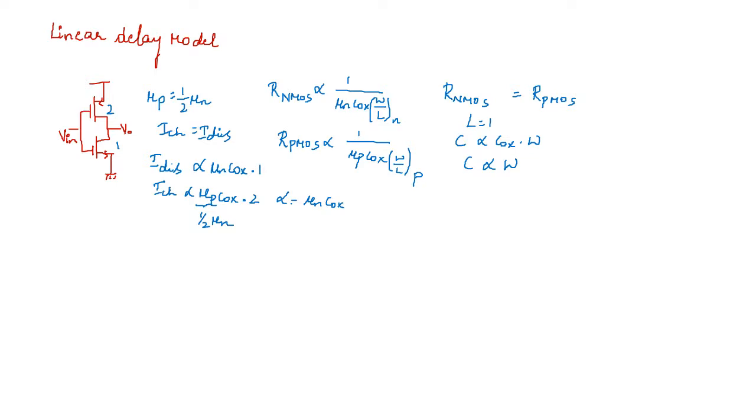Therefore, we can say that the charging and the discharging delay of this unit inverter is directly proportional to the resistance offered by it as well as the capacitance. So now here, let's just redraw this unit inverter again.